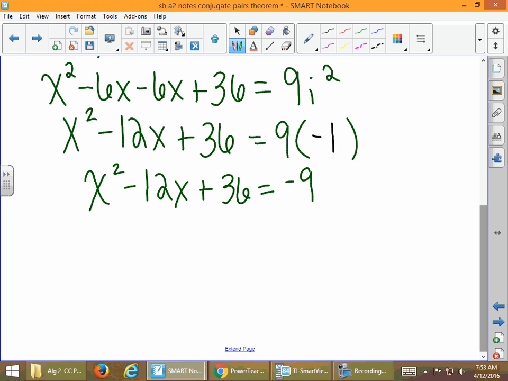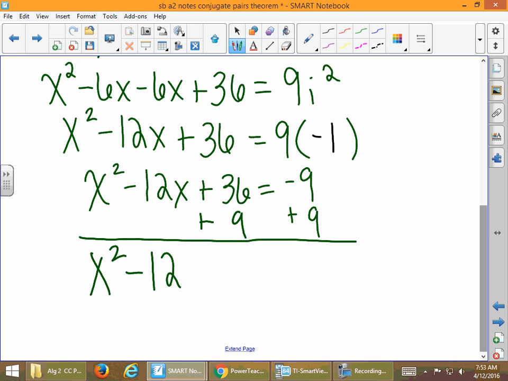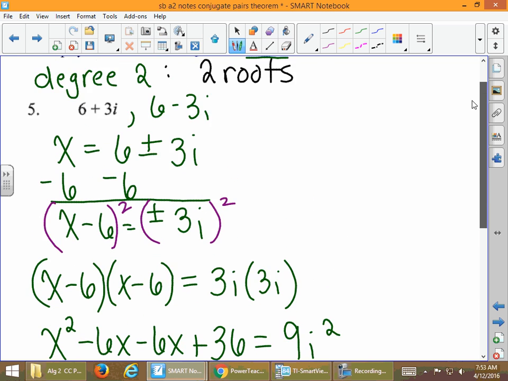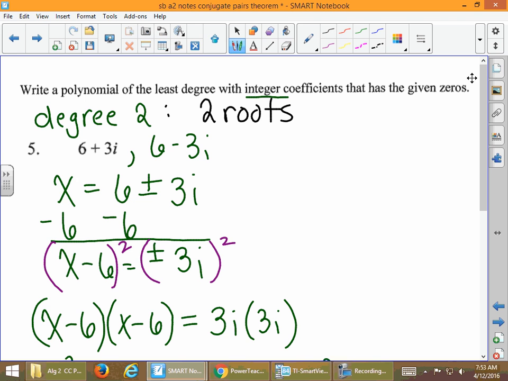And now, when we move our negative 9 over to the other side, we will have our polynomial in standard form. x squared minus 12x plus 45 equals 0, or equals f of x. Not picky about the equal 0. The answer to this problem is 6 plus 3i and 6 minus 3i.